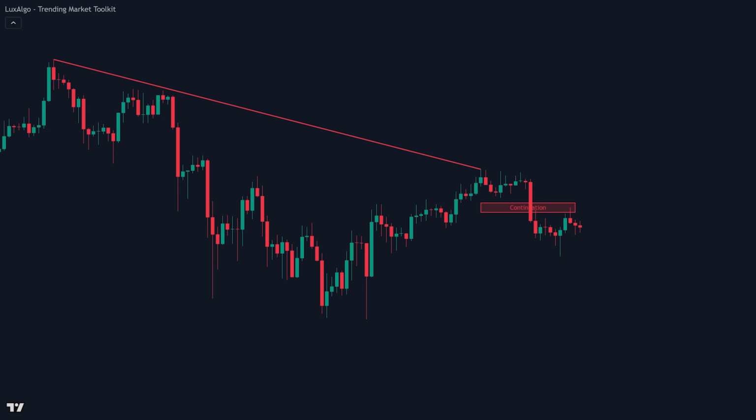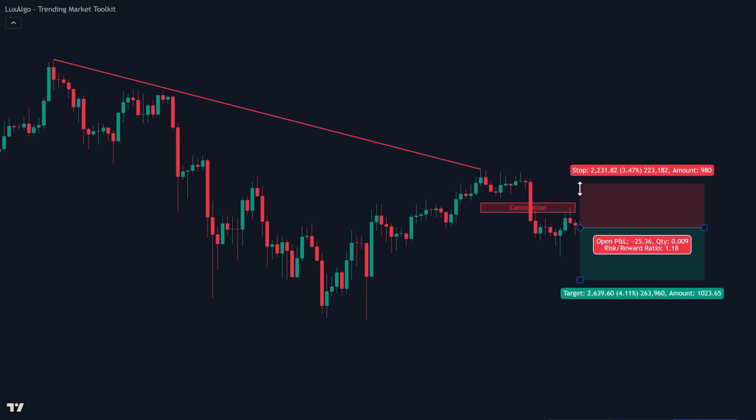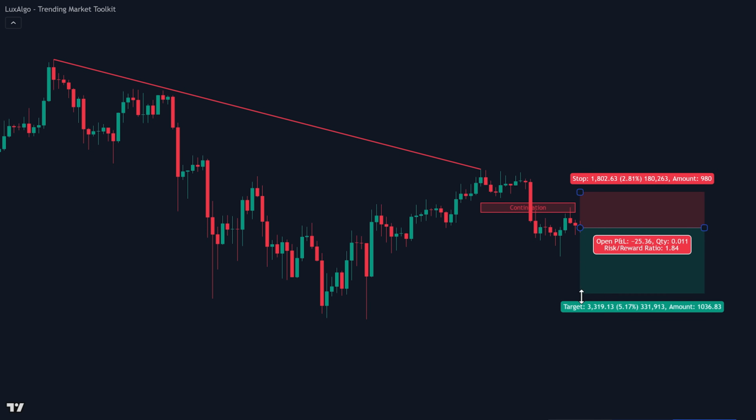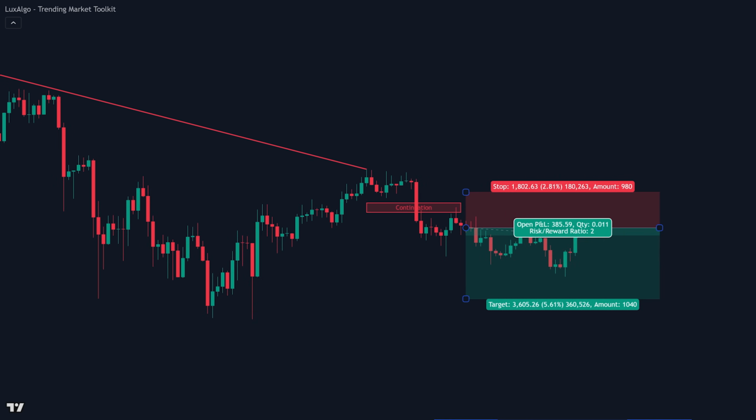Rule number 3 is to see a clear bearish rejection at the continuation zone, suggesting sellers are still in control. Once these rules are met, we enter a short position. We set our stop loss above the continuation zone. We aim for a risk-to-reward ratio of 1 to 2. Looking at the chart, you can see this trade ended up profitable.